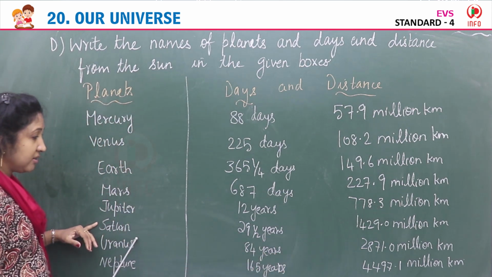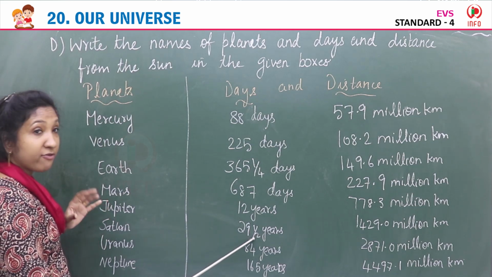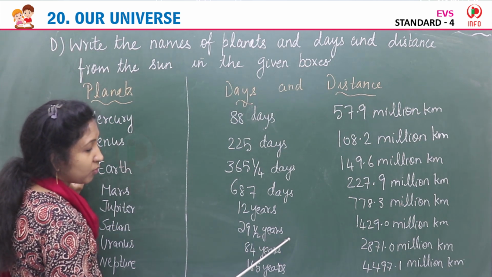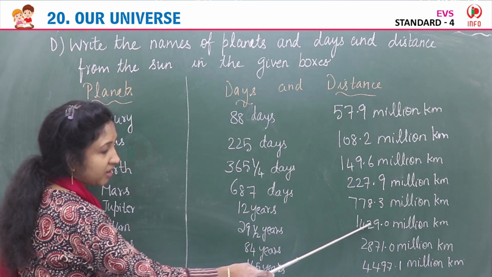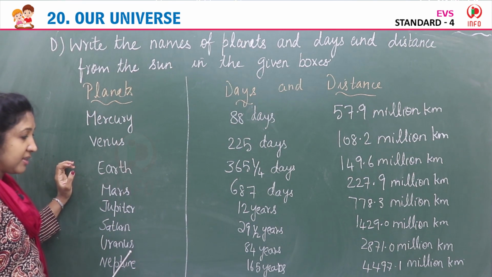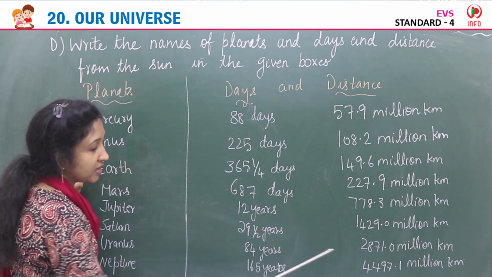Then Saturn. Saturn takes 29.5 years to orbit the sun, and its distance from the sun is 1,429.0 million kilometer.